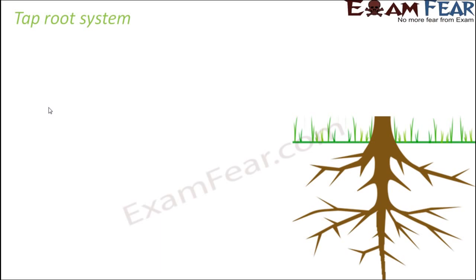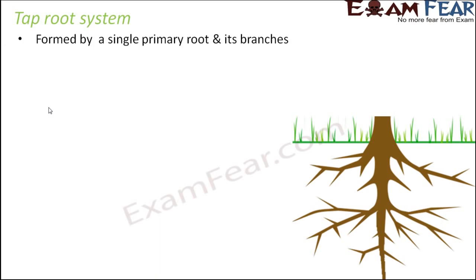Let us talk about tap root first. Here, this kind of root system is formed by a single primary root and its branches. So here you can see this is the single primary root and these are the branches arising from the primary root. So that is a tap root. So the catch here is a single primary root.